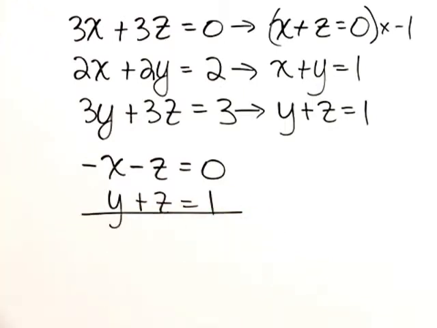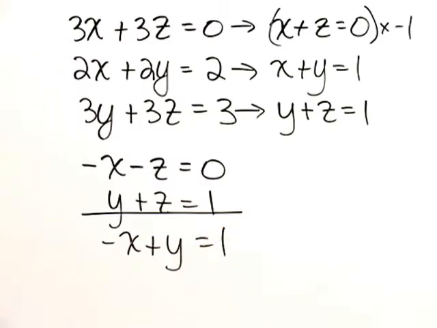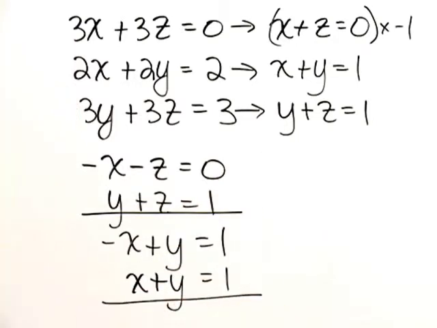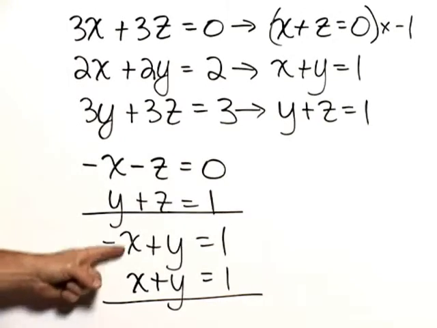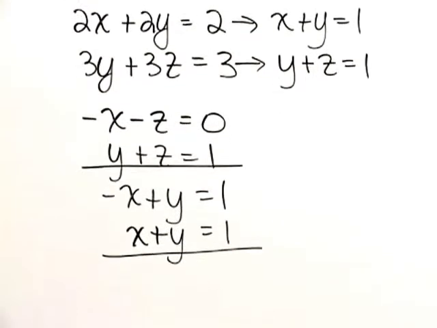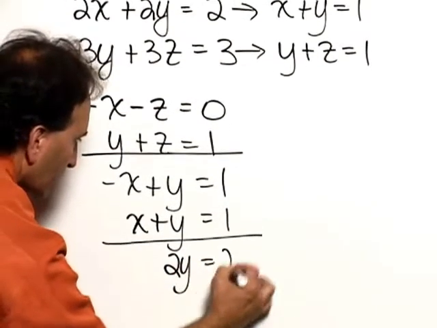Add them together, and I have negative x plus y equals 1. Then I will take the second equation, x plus y equals 1, and I already have the coefficients of the variable x opposite in sign. And so if we add the equations, we get 2y equals 2.